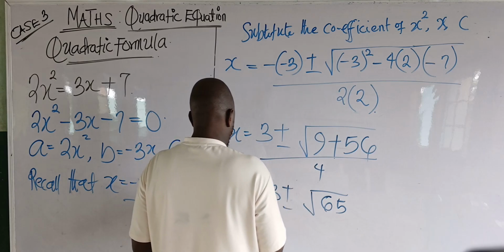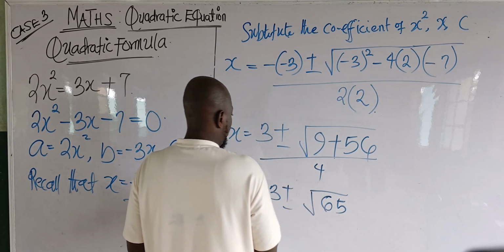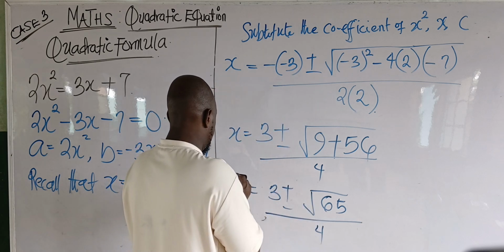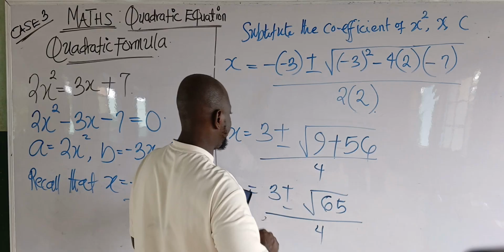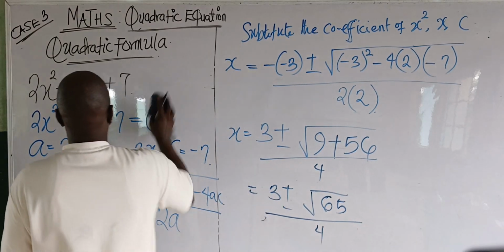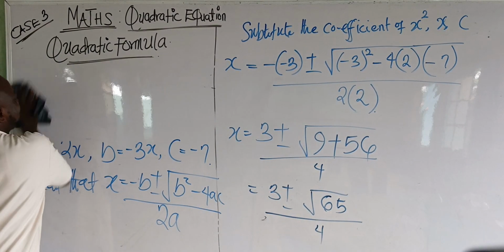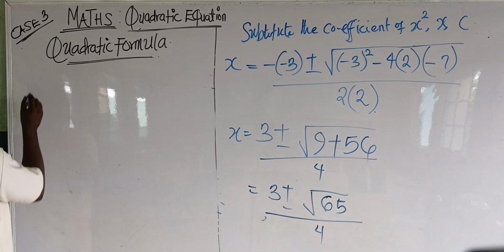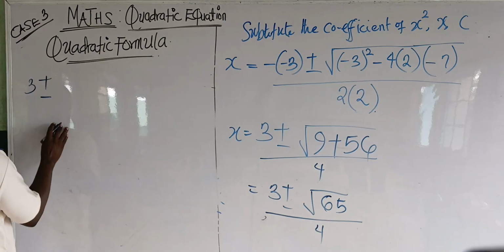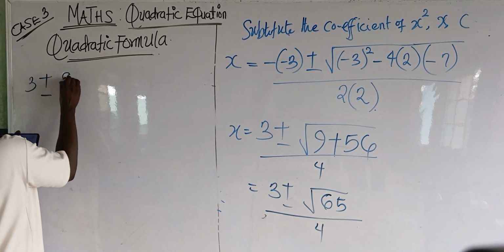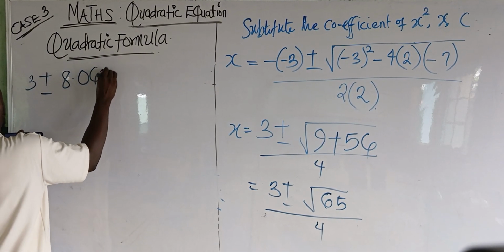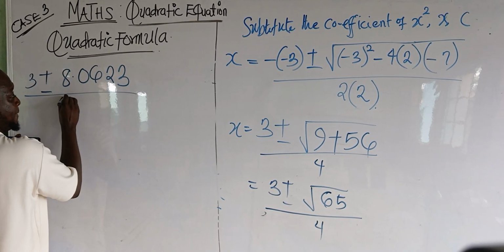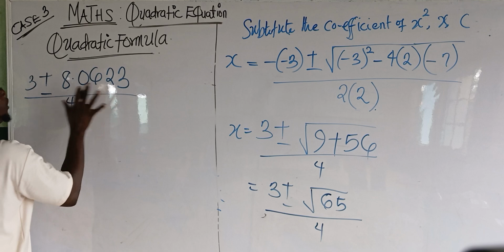So from here, I'm having 4 here. Now I will look for the square root of 65, which is 8.06. So I'm having 3 plus or minus 8.06, all over 4.